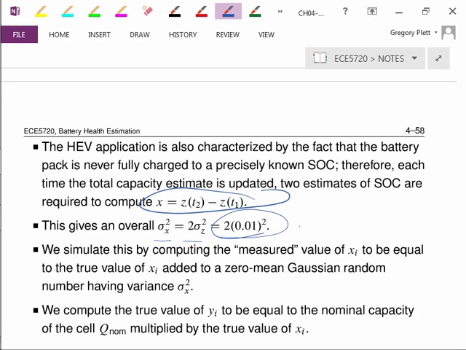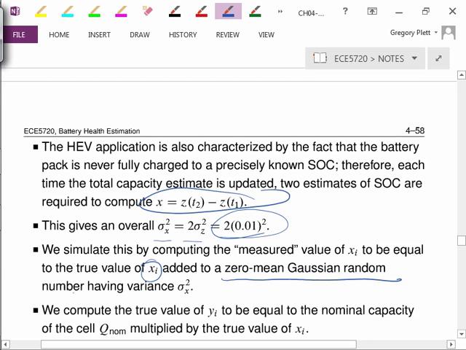I compute the measured value of xi to be the true value of xi. So true xi I computed between plus and minus 0.2, but the measurement has some error on it. So the capacity estimation algorithm gets the noisy value, or the measured value. So I add a zero mean Gaussian random number to the estimate having variance sigma x squared. That's the data it gets to work with.